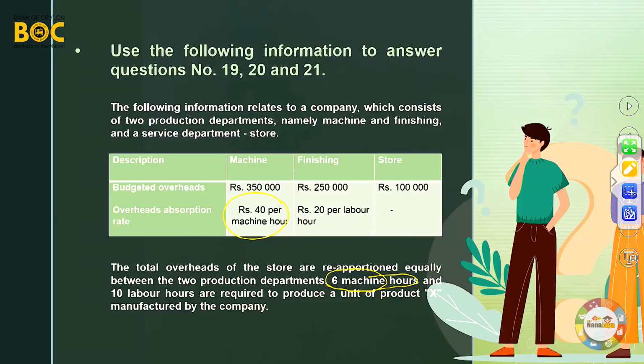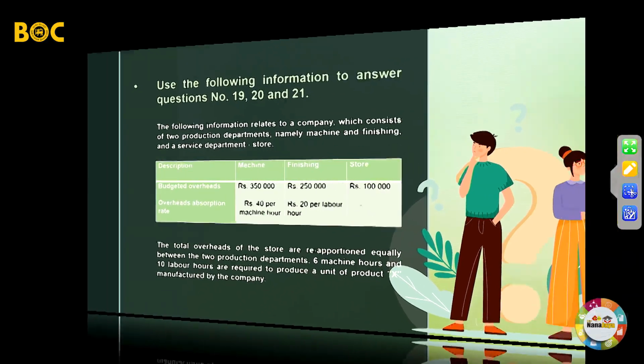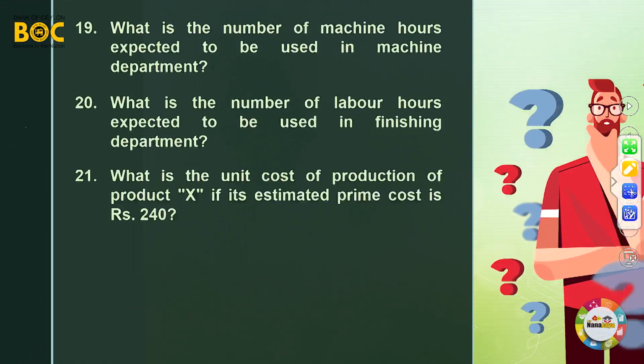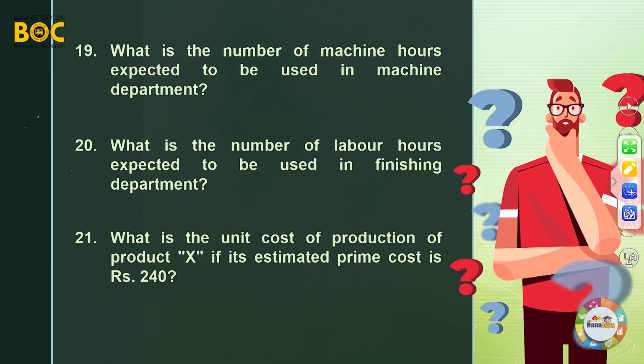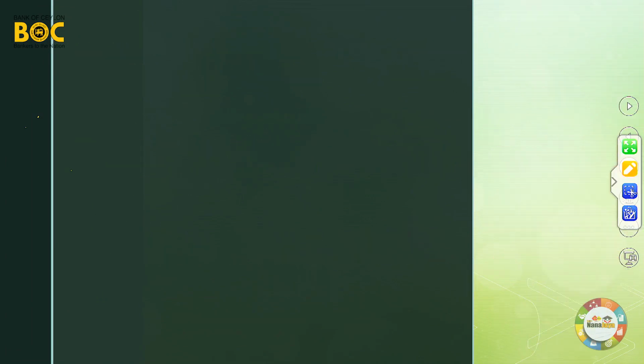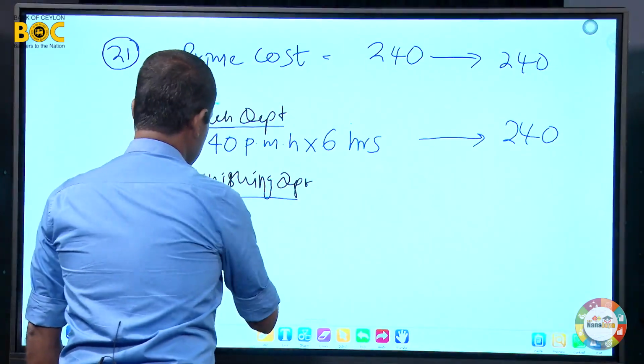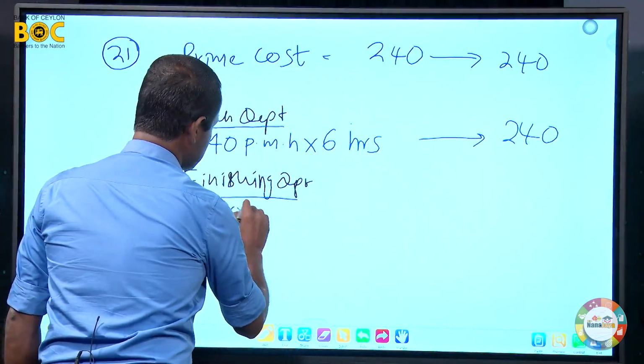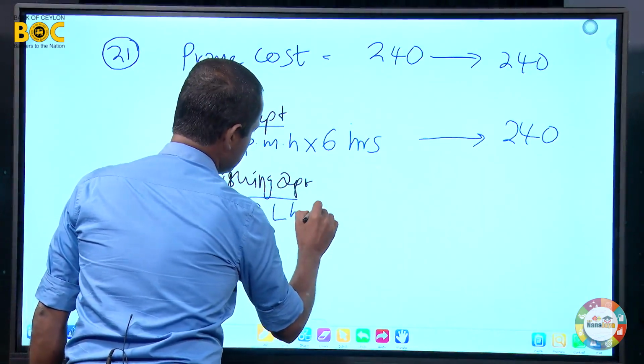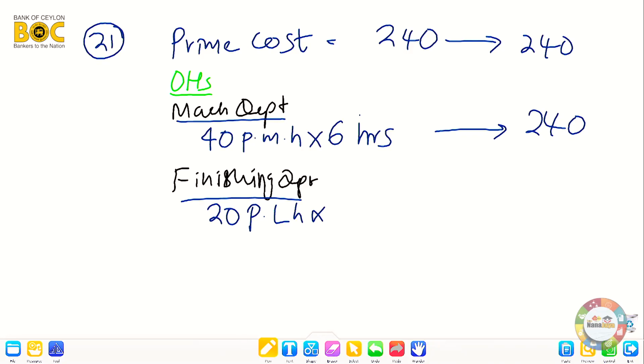The finishing department absorption rate is 20 rupees per labor hour.